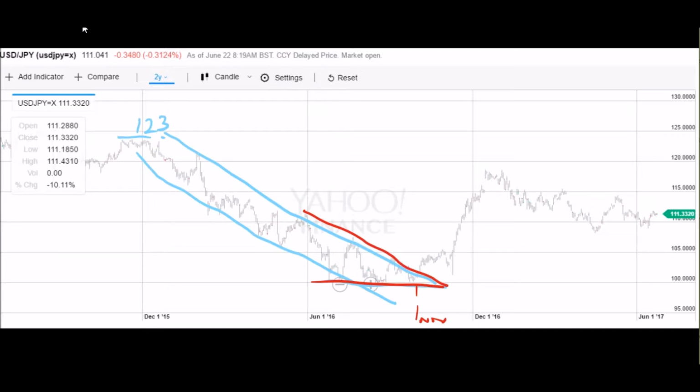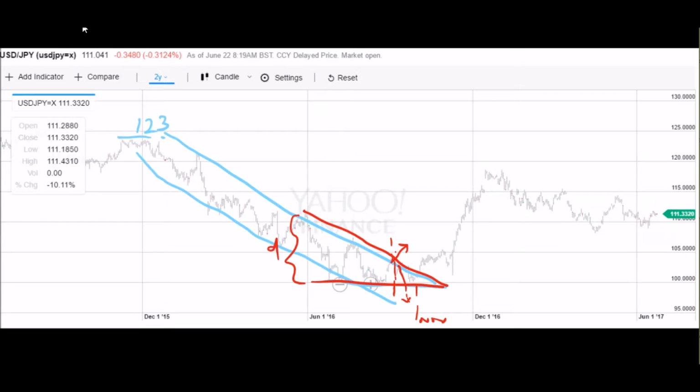We see that the triangle did not break the baseline, 3/4 or 50% of the distance from the base of the triangle. Therefore, if the triangle broke the base, it would have continued down a minimum of 100 to 110. So 10 yen minimum distance down, but it did not break. So 100 held pretty well.